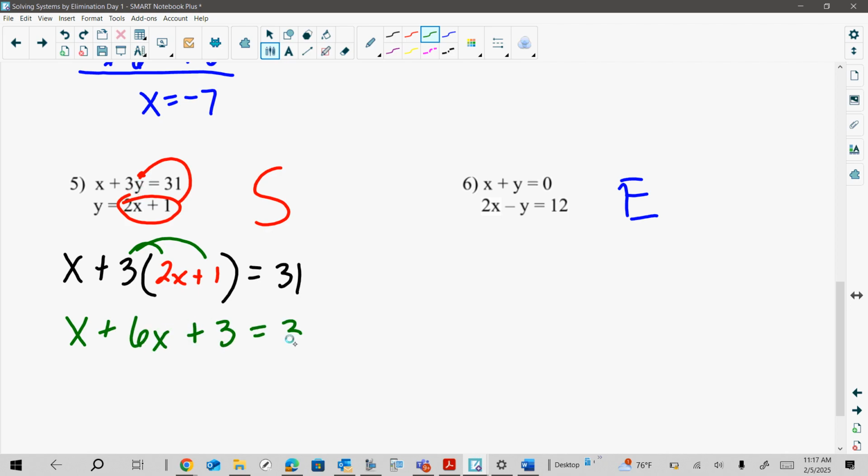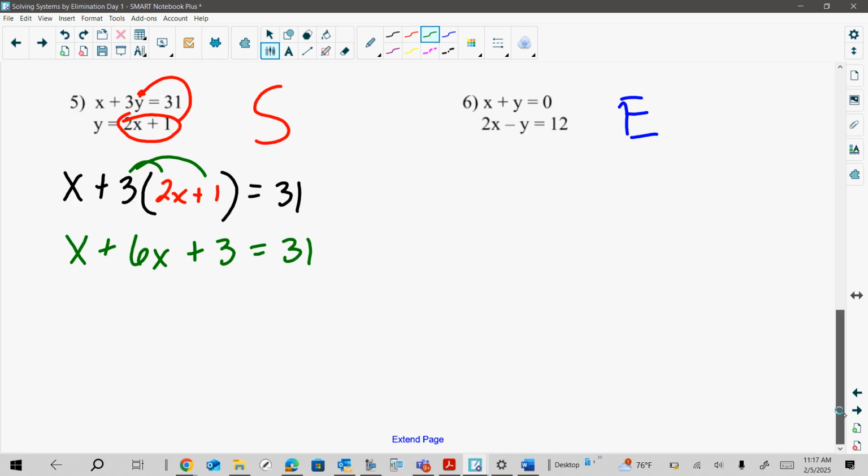Yes. And then the last one, elimination. So I'm going to stamp check this. I'm going to stamp check it. Get it in your spiral.